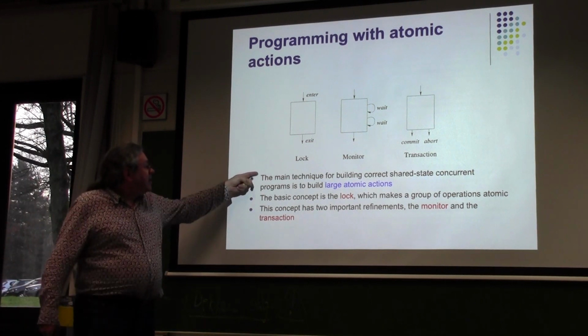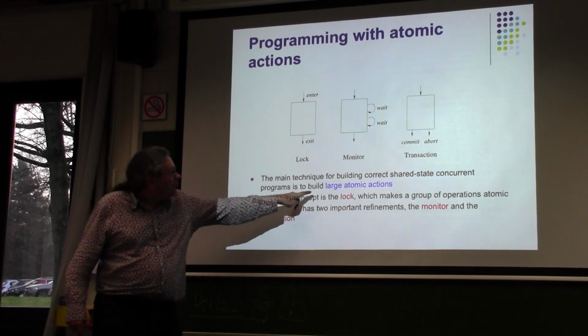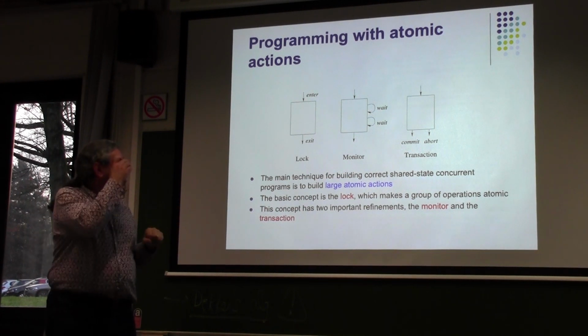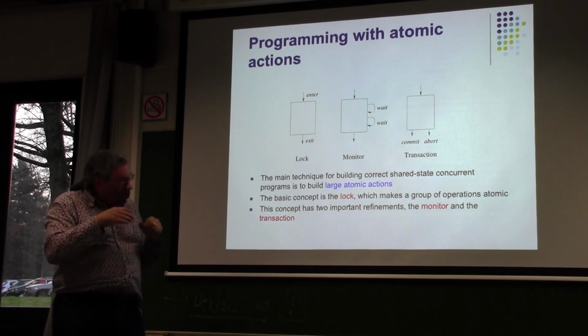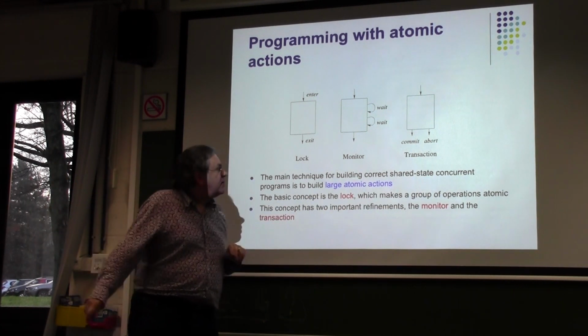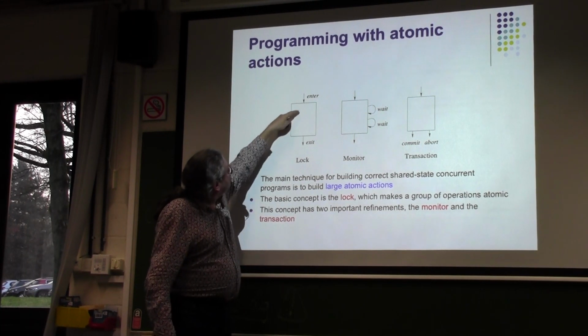So the main technique for building correct shared state concurrent programs is to build big atomic actions. And so the basic concept is a big atomic action, which is called a lock. You have a whole bunch of operations. So here I have a lock. It's a piece of code.